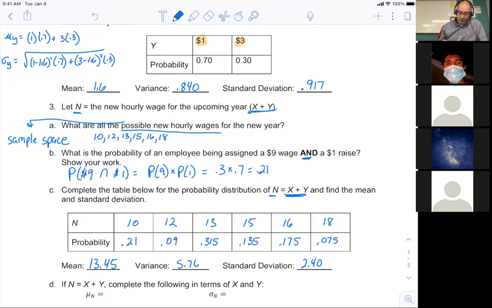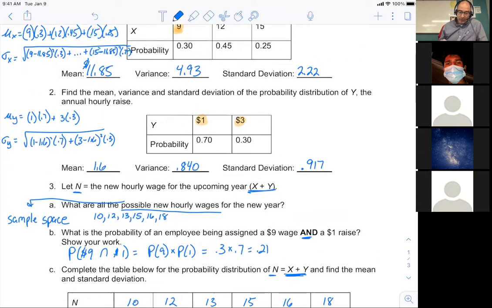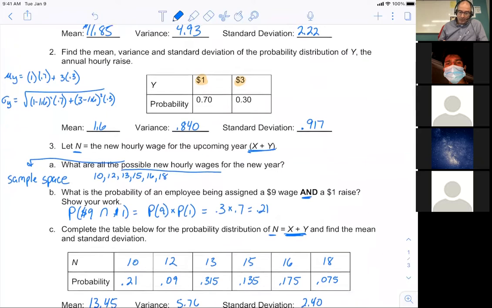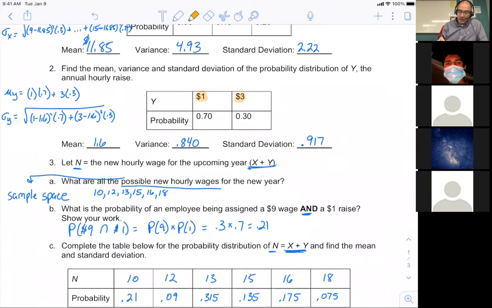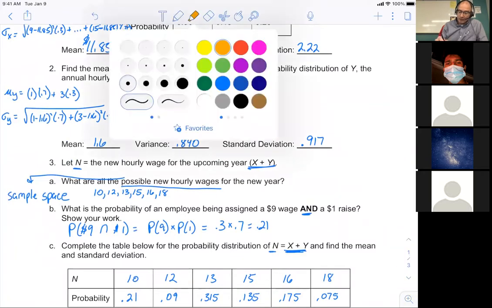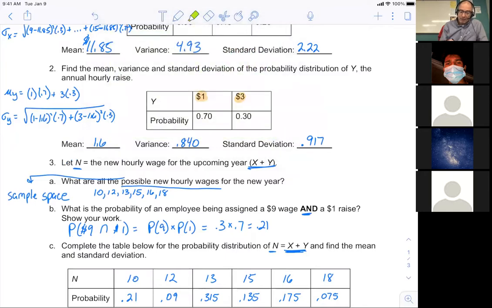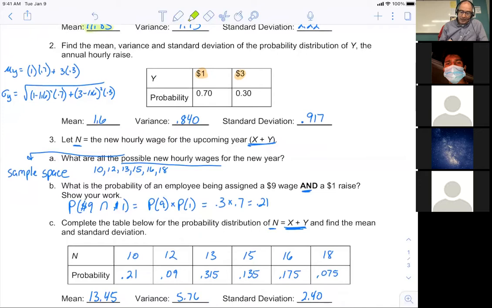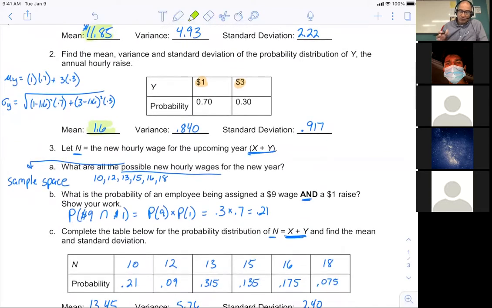Now, here's what we're trying to grasp here, if we can. What if we come back up to here, and we're trying to compare, again, if I highlight this, we'll go with lime green, not that you can see. My first mean was 11.85. My next mean was 1.6. Now, what is 11.85 and 1.6 added together?